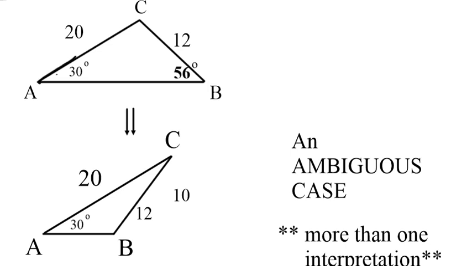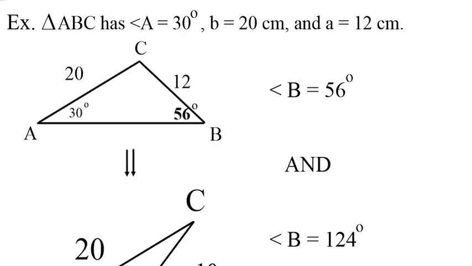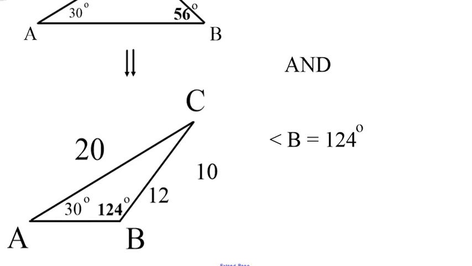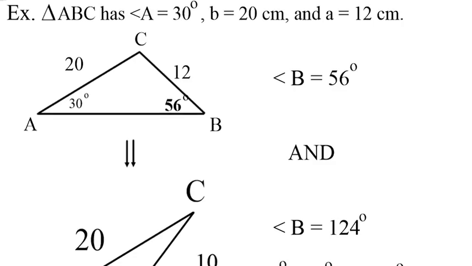We have angle A, 30 degrees, AC a length of 20, side A, 12, but drawn two different ways. It's an ambiguous case. What happens is that our second angle B down here could actually be 124 degrees. I'll explain why that's possible.